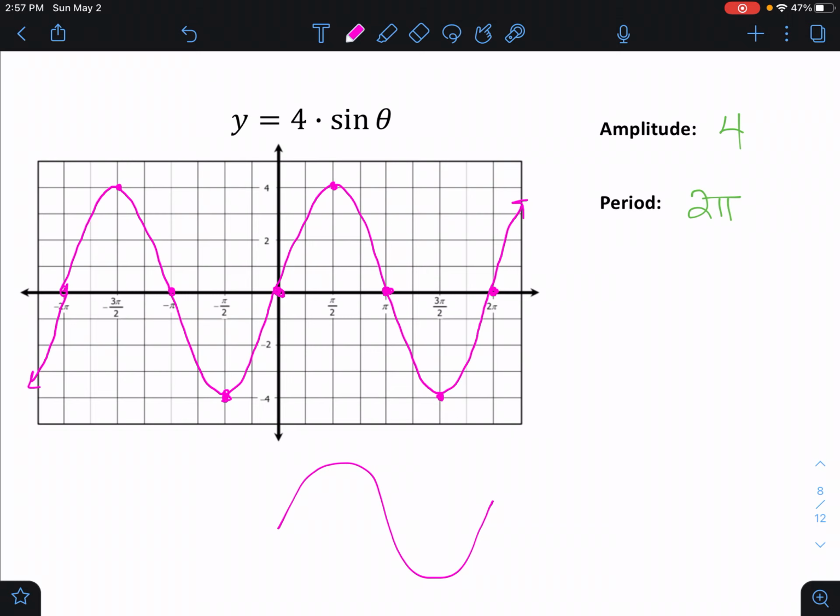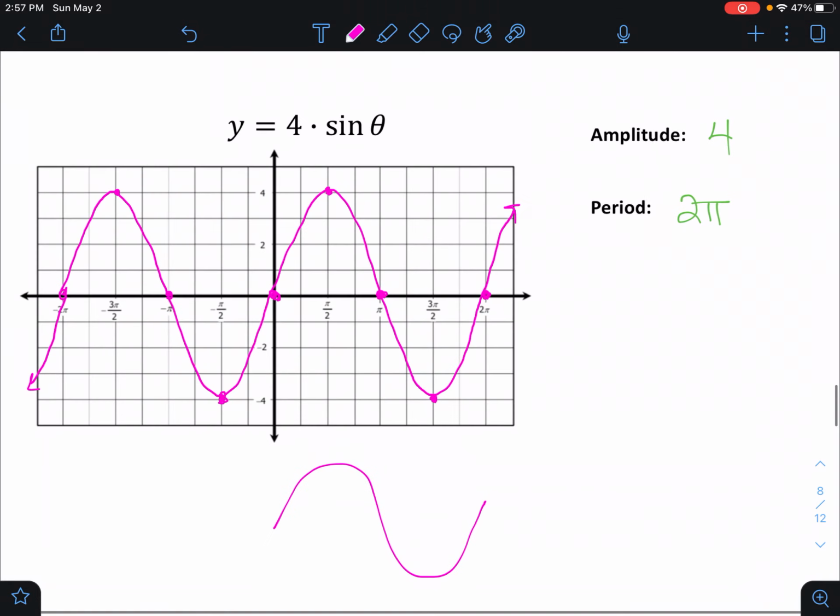All right, and that we've just changed the amplitude. So now that's a wave. It's just now a little bit taller wave, right?